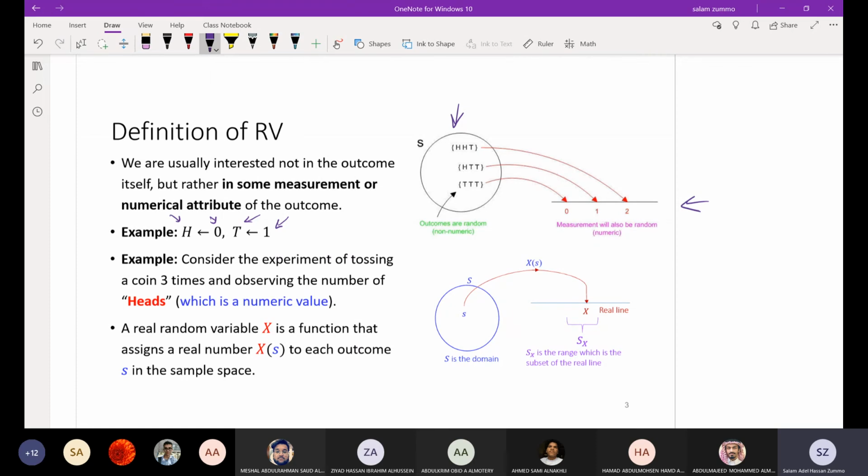So instead of every time we look at the outcomes and we list them, no, we will work only with real numbers. It makes our life easier. It makes everything mathematically simpler to define and calculate without worrying about the underlying experiment.